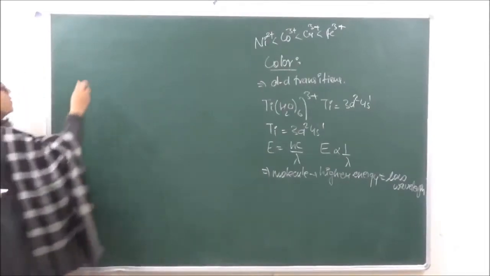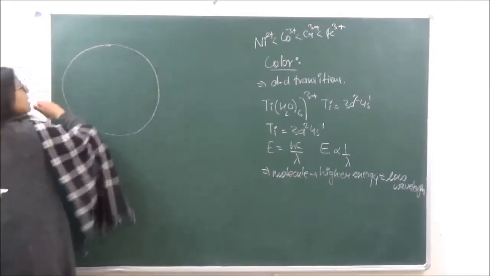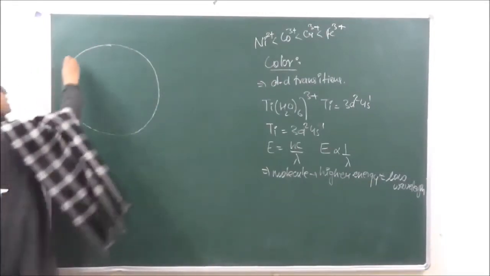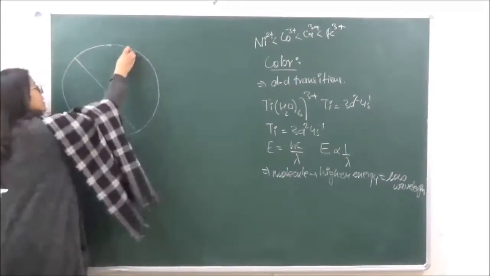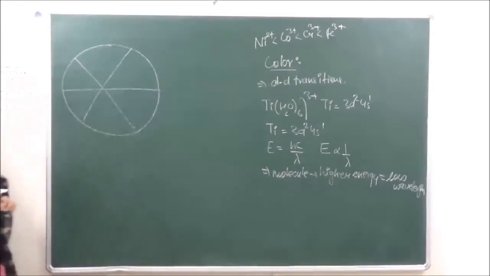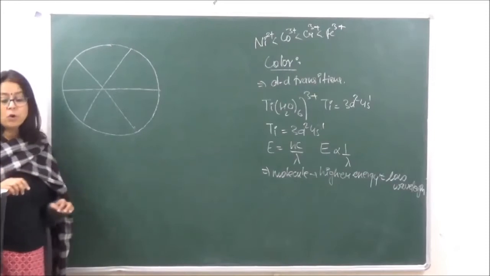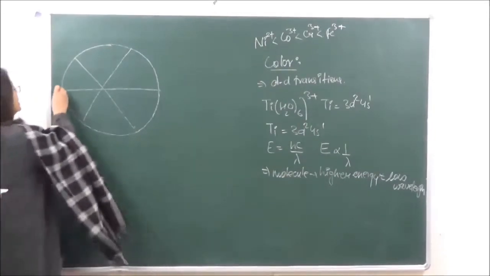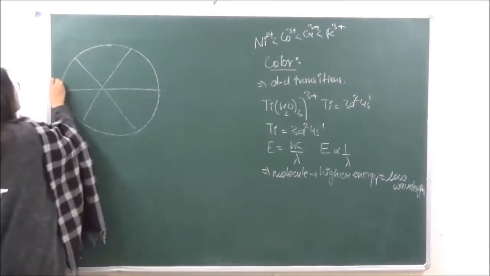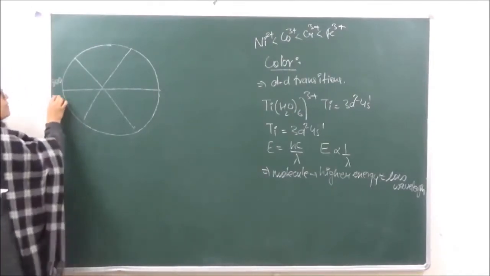Okay, so we are saying over here there is a color wheel which has been designed which shows that if any coordinate complex is absorbing radiation of higher wavelength, it is going to emit radiation of lower wavelength. ठीक है? Now let's see that above this is 800 nanometers, and below this is 400 nanometers.